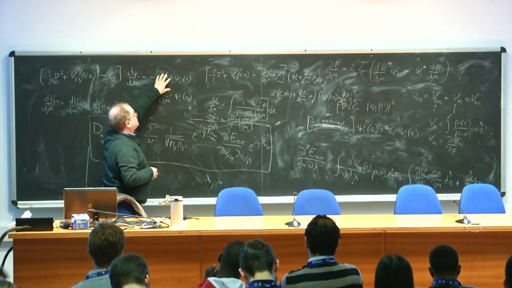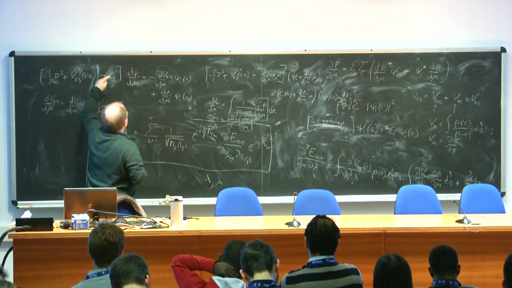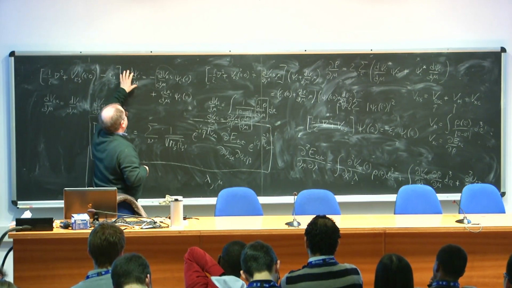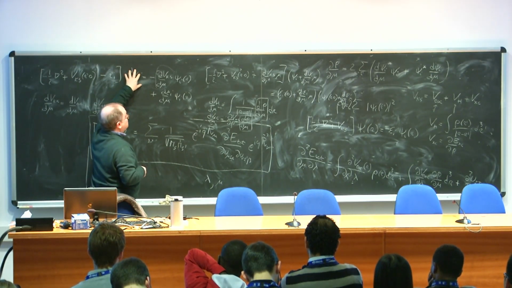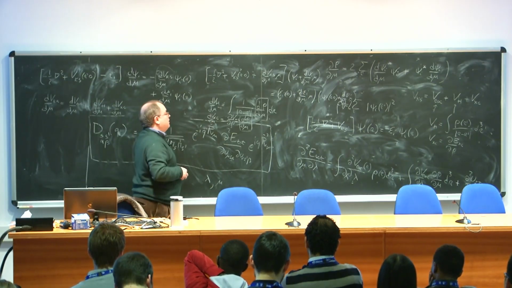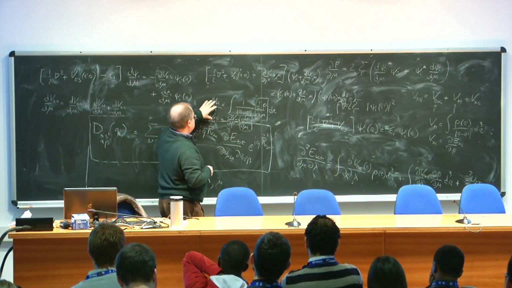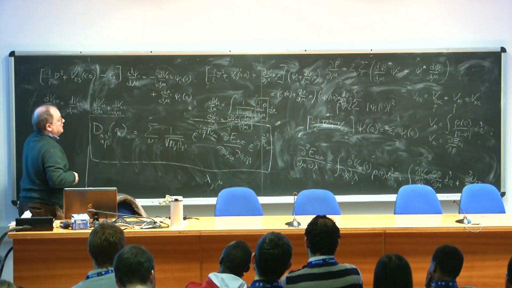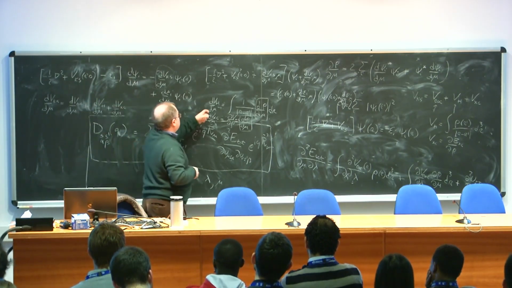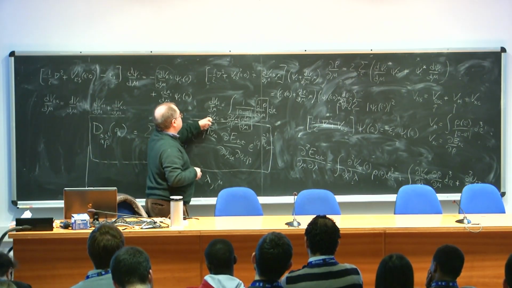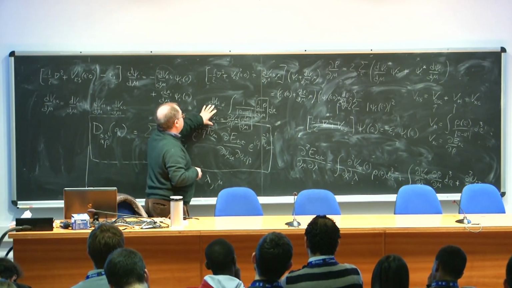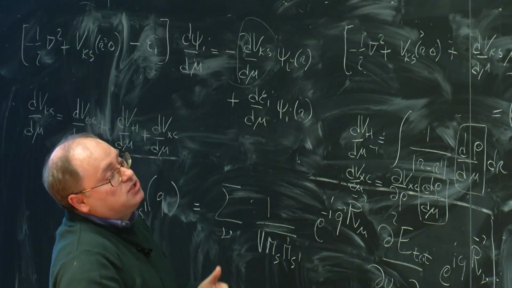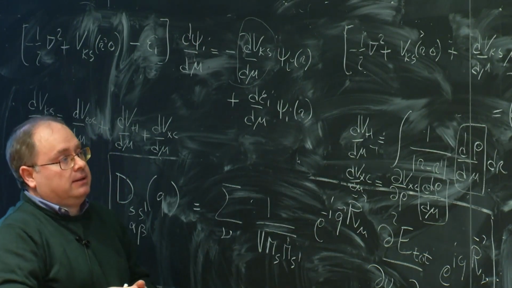You have a new guess for the Kohn-Sham potential, and you can iterate until you have self-consistency between the change of the wave function and the change of the Hartree and exchange and correlation potential that produced those wave functions. Basically, once you have the new potential, you check that the difference with respect to the one you used to calculate the wave function is smaller than a certain threshold.